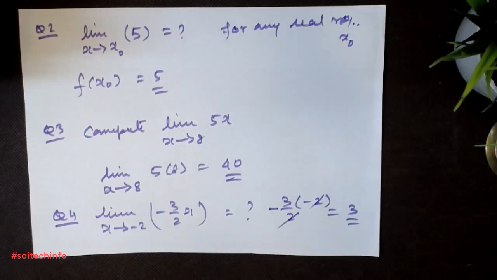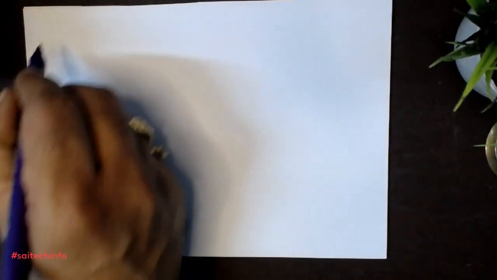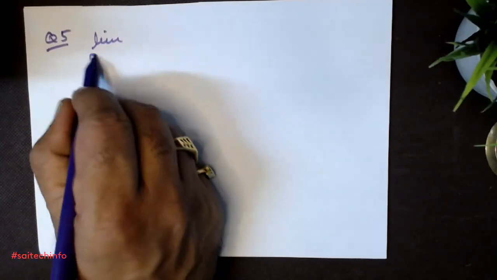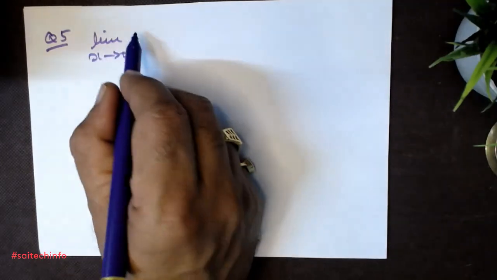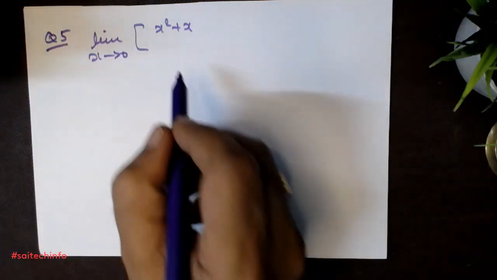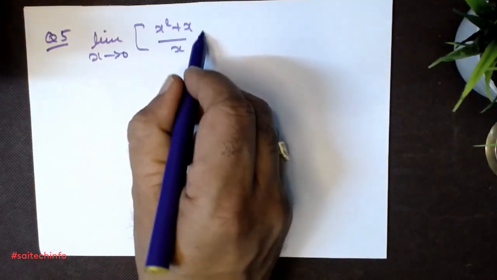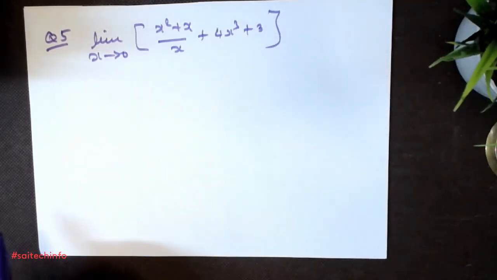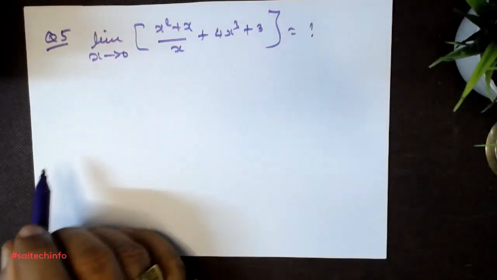Limit x tends to 0 for the function x squared plus x divided by x plus 4x cube plus 3. So we have to compute the value for this.